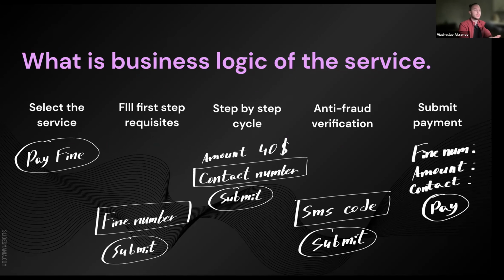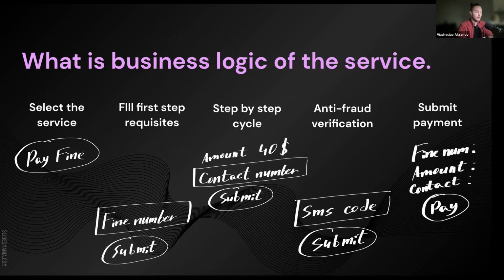Okay, so let's think about what our logic looks like. The user needs to select a payment service. Then the user needs to enter requisites for the first step. For example, if we pay some fine, we need to enter a fine number.